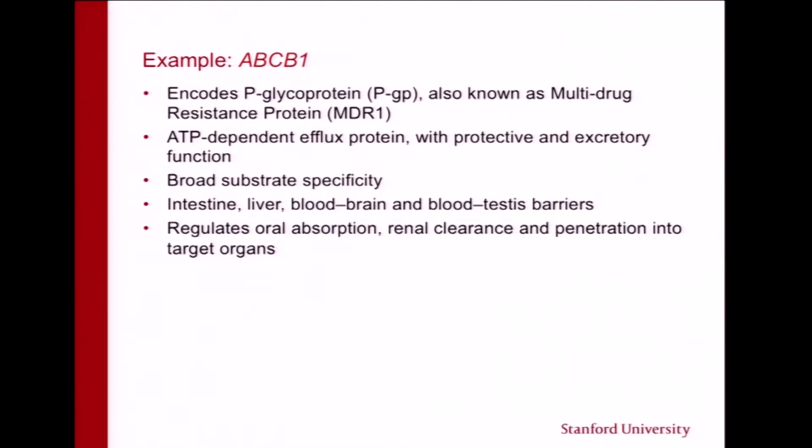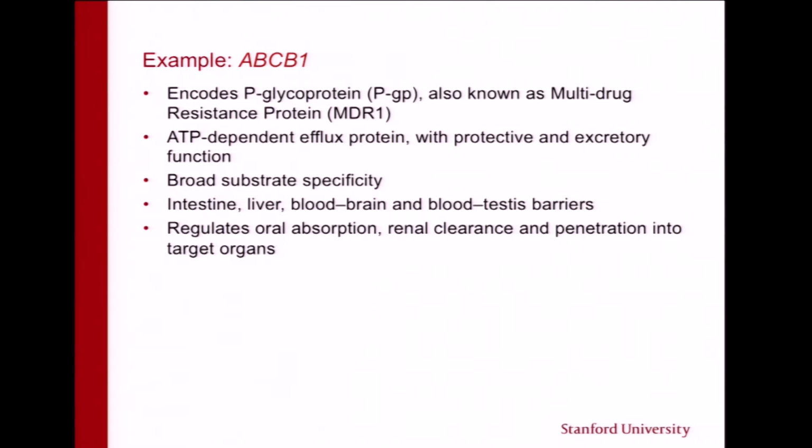So another example that I want to use is the ABCB1 gene, which encodes the P-glycoprotein, which is also known as the multi-drug resistance protein. Now, different from what we talked about before, this is an ATP-dependent efflux protein, which means its role is to take compounds from inside the cell and remove them from the inside of the cell to the outside of the cell.